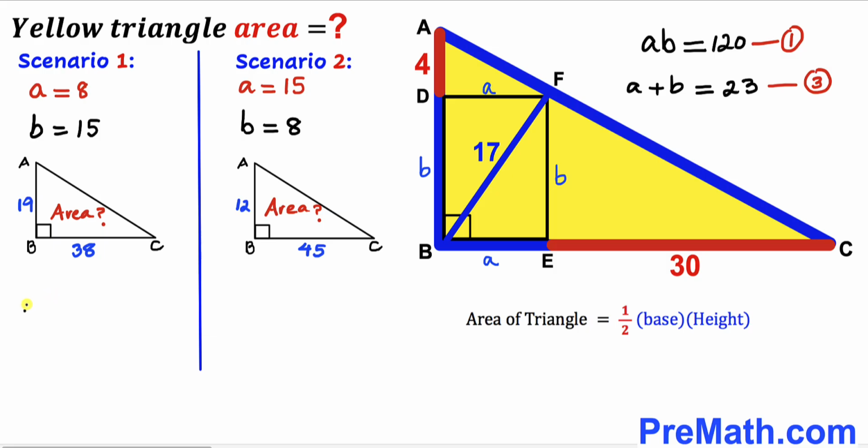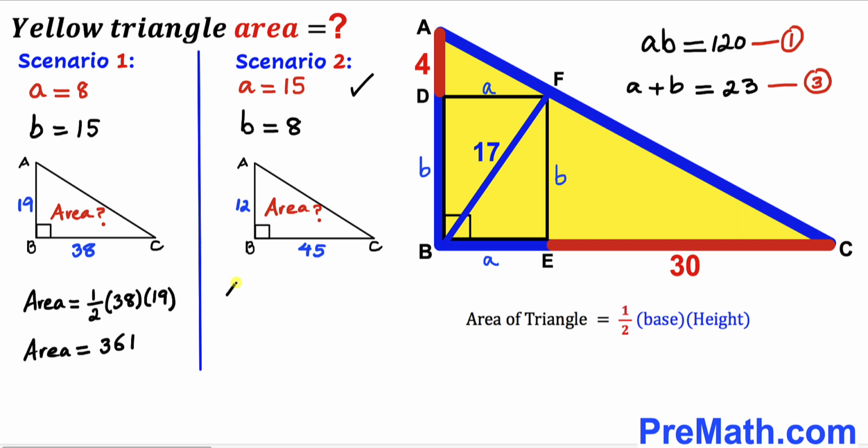So the area of this triangle is going to be a half times 38 times 19. So therefore, the area of this triangle in scenario 1 turns out to be 361 square units.